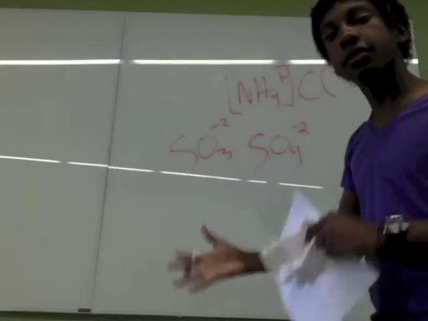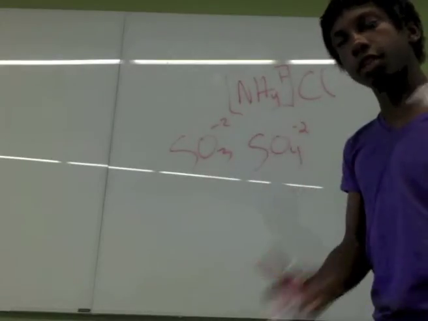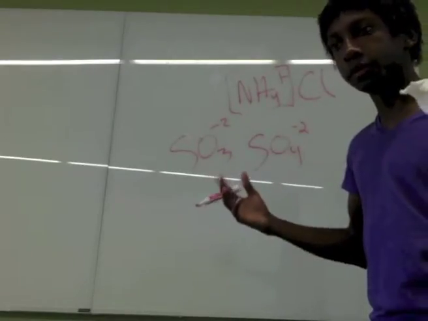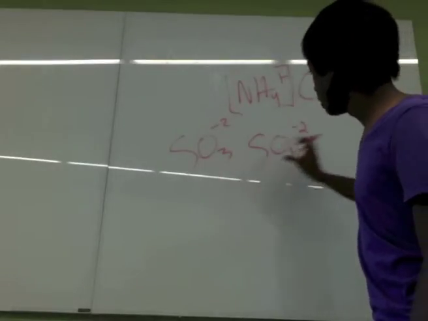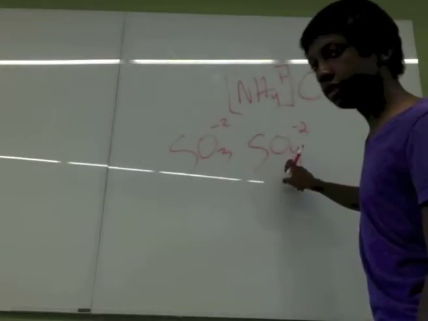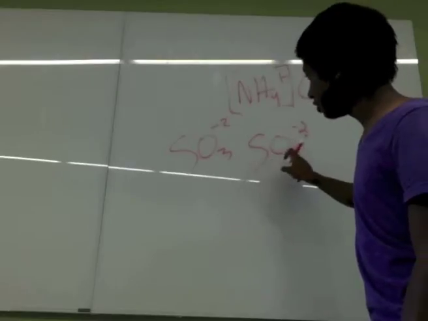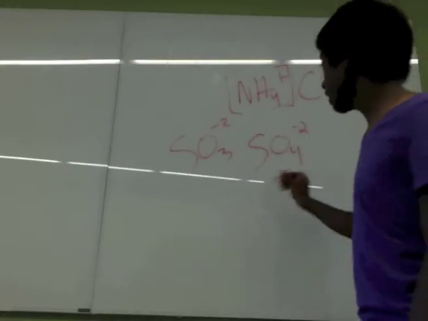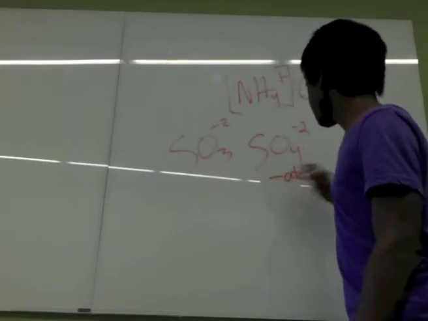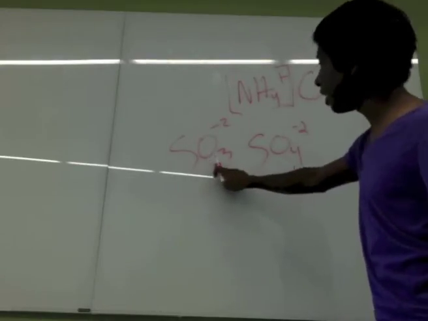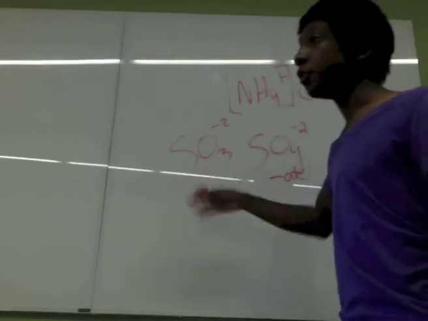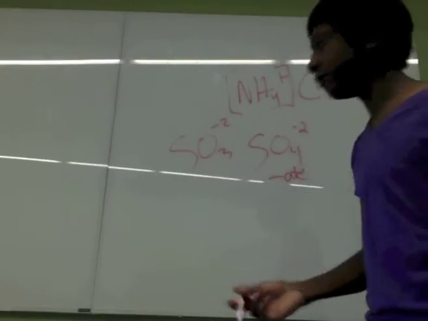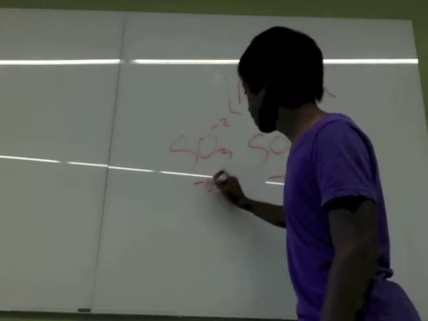The ate refers to the most common, the most representative state of the polyatomic ion, so the SO4. In nature, there are normally going to be 4 oxygens bonded with sulfur, so that's why it gets the ate. 3 oxygens is less common, so it's 1 less than the common form, so that's why it gets the suffix ite.